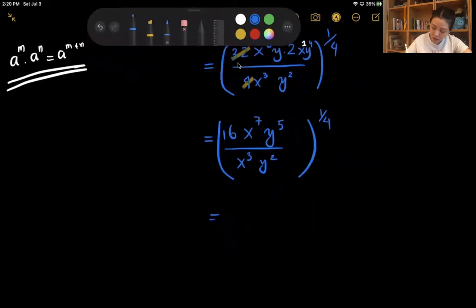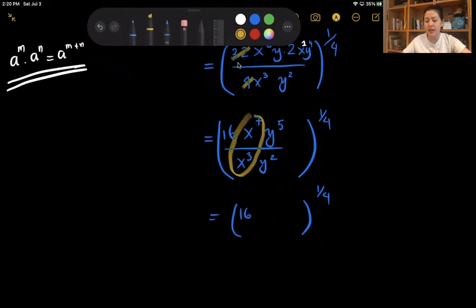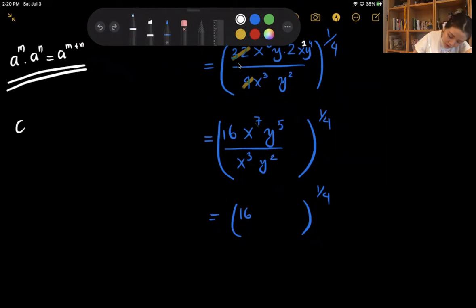Okay. All right, let's continue, simplify a bit more. So 16 just stays 16. For the x term here, I have x to the 7 divided by x cubed. Again, one of the rules of the exponents, if you have a to the m divided by a to the n, all you have to do is subtract the exponents, right? It will be a to the m minus n. So 7 minus 3 is 4.